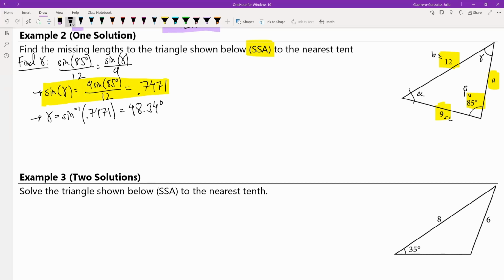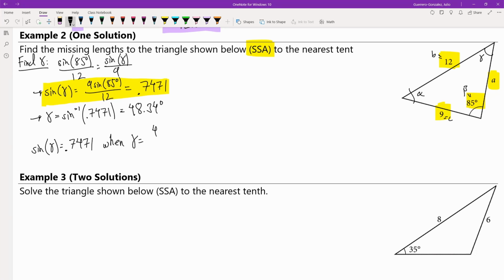There are actually two angles, right? So sine of gamma is equal to 0.7471, right? Then gamma is equal to, there are two angles that do this, okay?